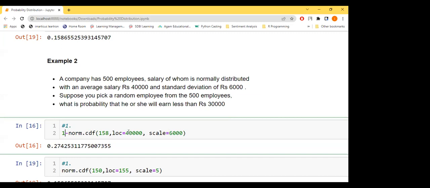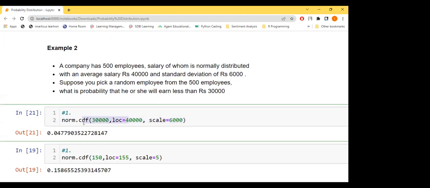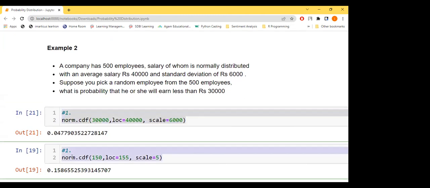Standard deviation and value of X. For the next one, three examples we have solved. In my case, I have two. Third example also we have solved.